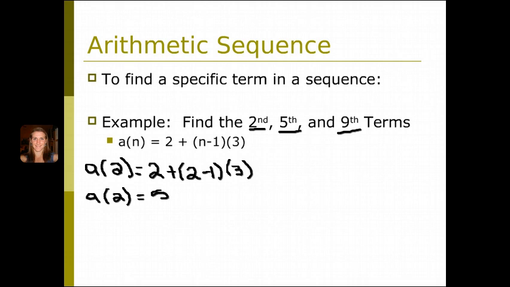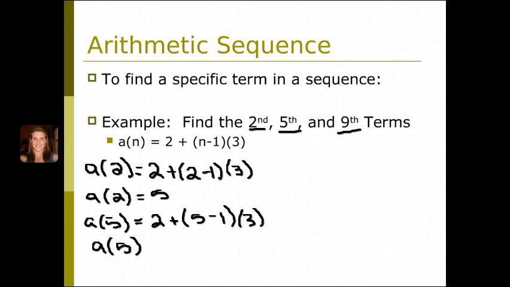If we're looking for our fifth term, you would have a of 5 equals 2 plus the quantity 5 minus 1 times 3. Plug that in your calculator and you get that a of 5 equals 14.